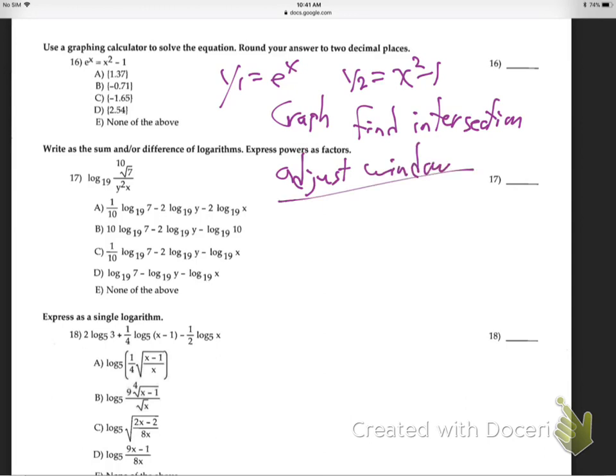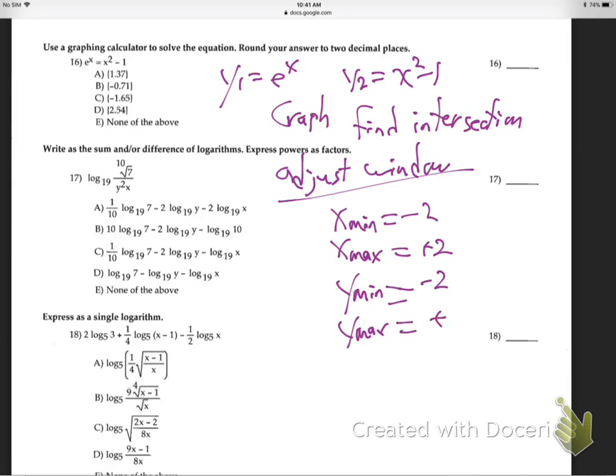You have to adjust your window to go like x min max, y min max, something like negative 2 to positive 2. Adjust the window. Do the intersection routine on your calculator and find that. And it's none of the above.